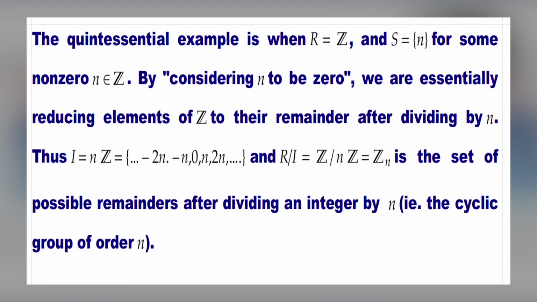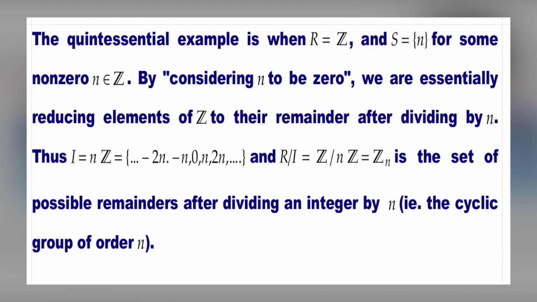The quintessential example is when R equals Z and S equals the singleton {n} for some non-zero n belonging to Z. By considering n to be 0, we are essentially reducing elements of Z to their remainder after dividing by n.